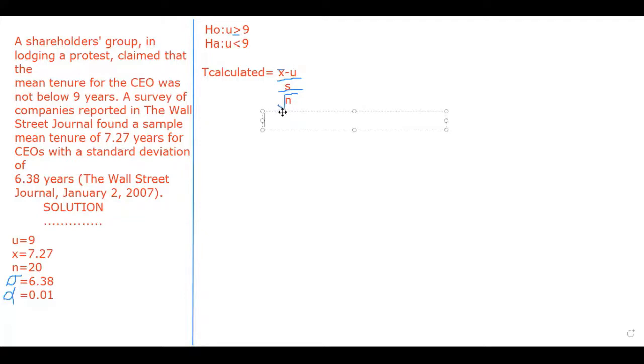And X bar is 7.27 minus 9, all over standard deviation 6.38 over square root of 20.